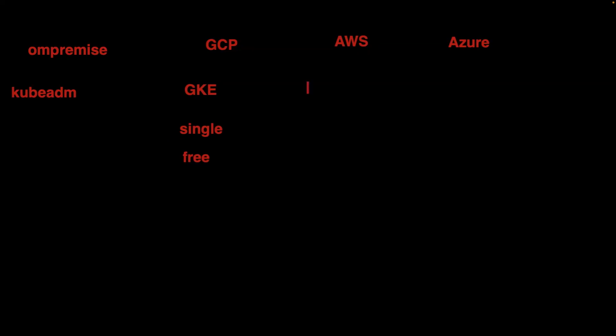If you know one service in a cloud, there would be similar services. Similarly, in AWS you have EKS, Elastic Kubernetes Service, where you can create a managed cluster. This is a paid service.